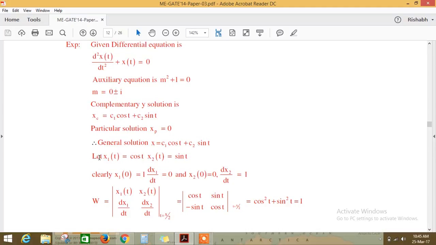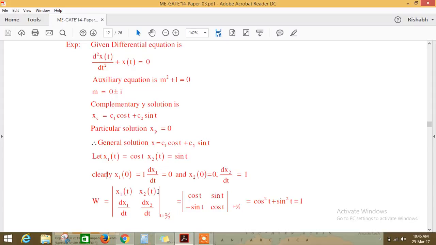You can do it this way also: let x1 of t be cos t and x2 of t be sin t. We have taken this function as x1 and this function as x2. We know x1 of 0 is 1 and x2 of 0 is 0.